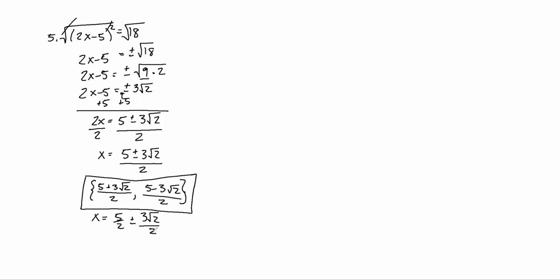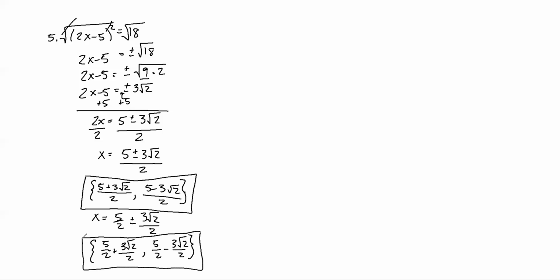And this is kind of the preferred way of writing your answers because we like to have two distinct terms here. And so this solution set would be 5 over 2 plus 3 root 2 over 2, and then 5 over 2 minus 3 root 2 over 2. But again, MyMathLab shouldn't be picky with how you write this one in. So normally what I'll do is I'll just leave it combined into one fraction.